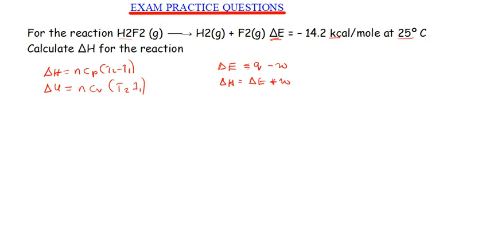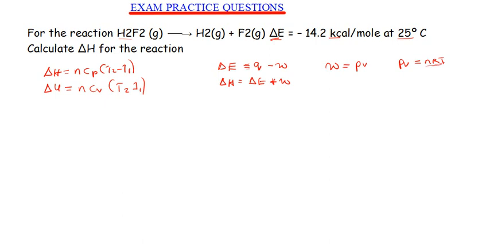So we need to actually master these equations. And this work, sometimes we know work is PV, and from the ideal gas equation, we know that PV is equal to nRT.